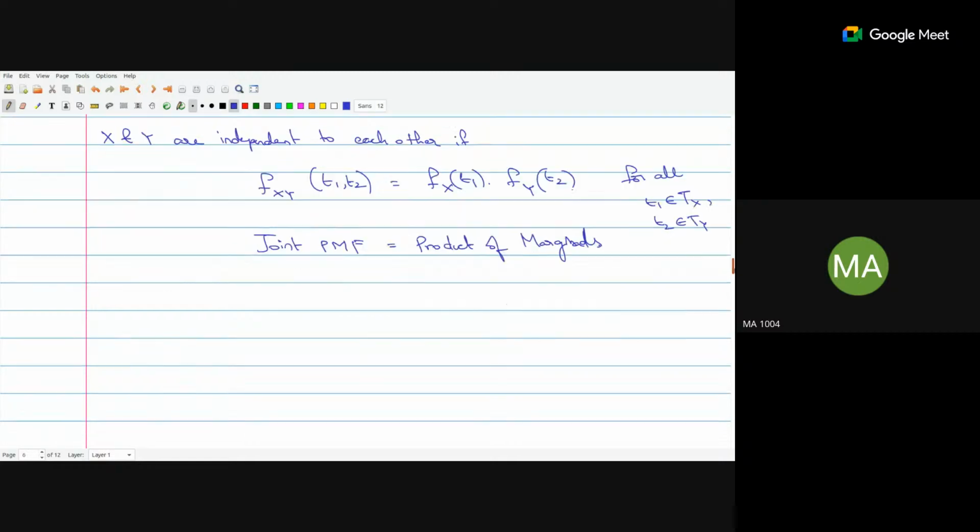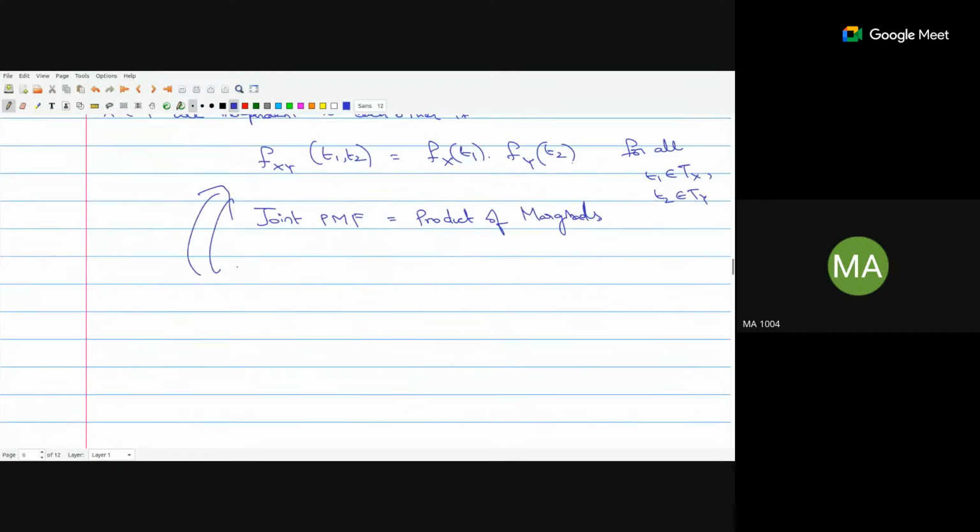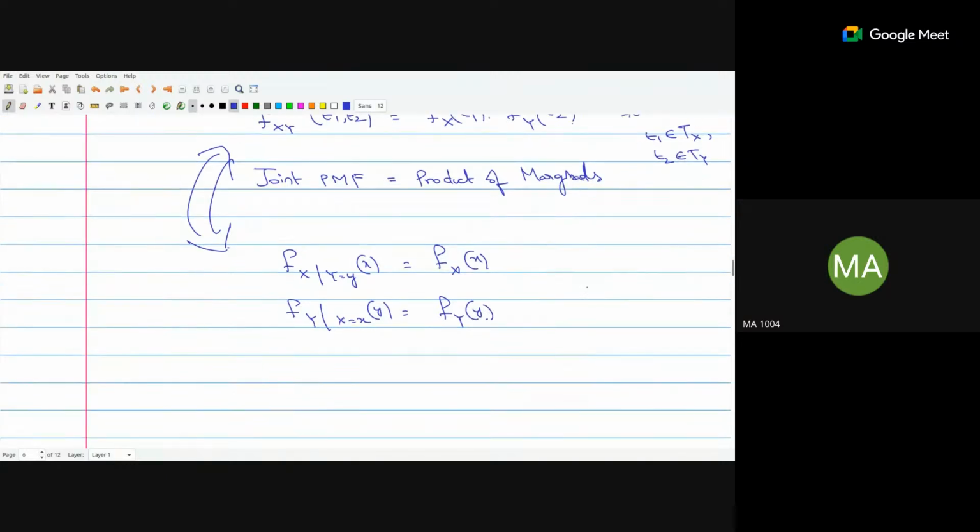Instead of saying this, in other words, I can say, if my conditional PMF is equal to the marginal PMF, both ways, Fy given x equals Fy, and Fx given y equals Fx, then for all t1, t2, or for all x belonging to Tx, y belonging to Ty.